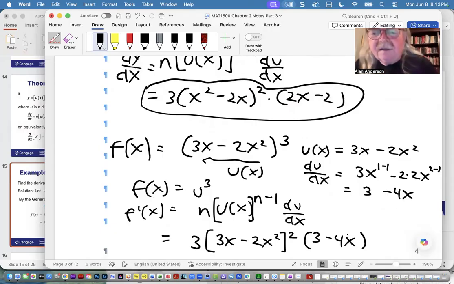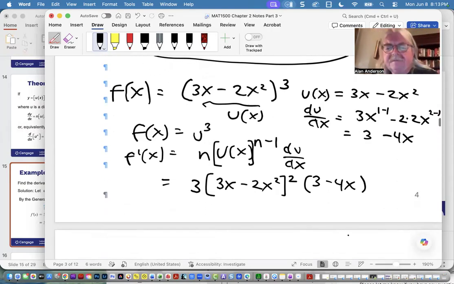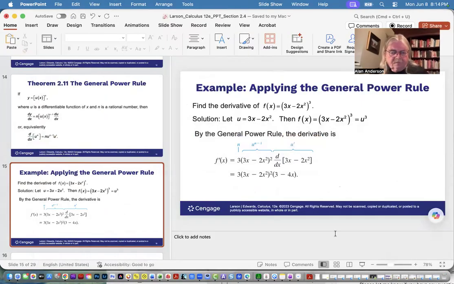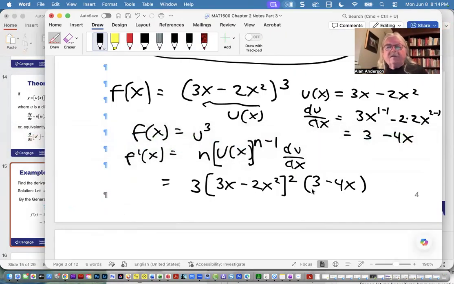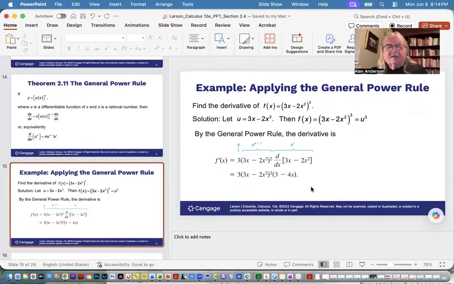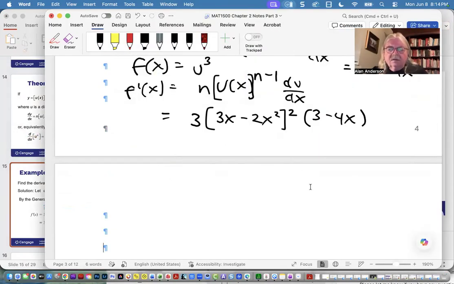And that's the end of it. That's our general power rule. They just left it like that. So it doesn't really matter if you call it f of x or y or whatever. You're going to get the same thing.